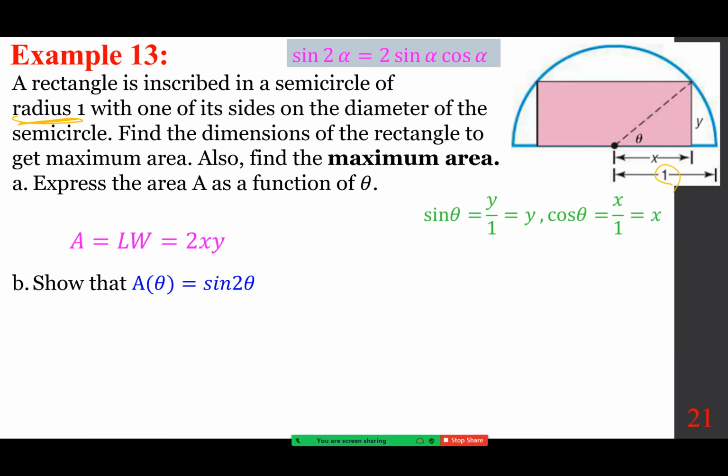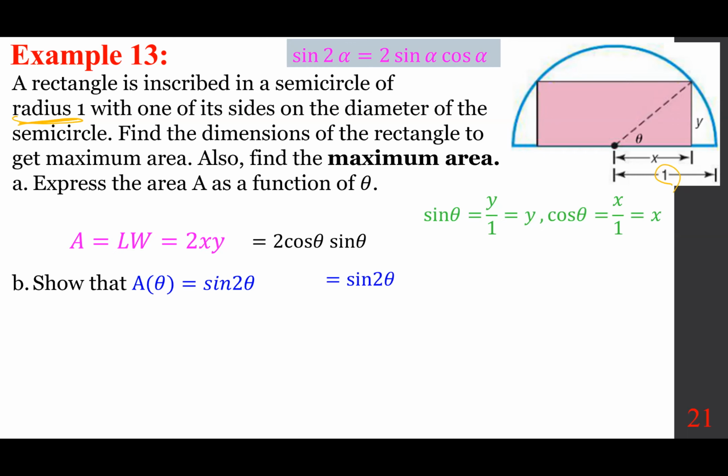And cosine theta is x over 1, or x. So we're going to replace that to cosine theta, sine theta. And we know this is equal to sine 2 theta. So that's the first part.